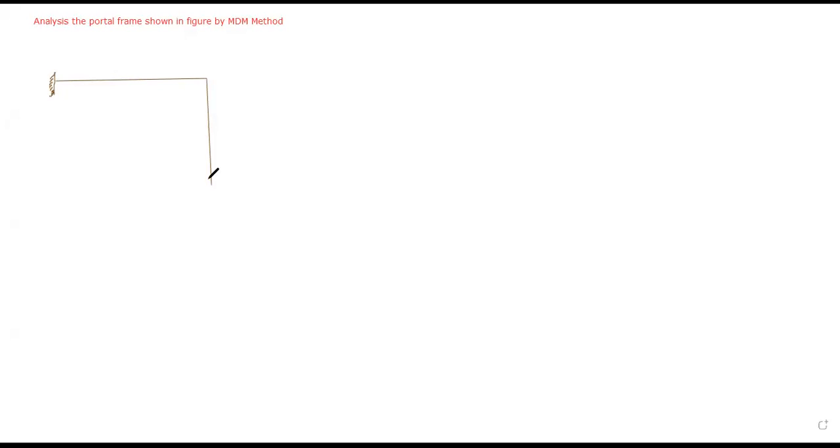This is a fixed support. This is a hinge support. And the uniformly distributed load is given, and the value of the load is 60 kN per meter.